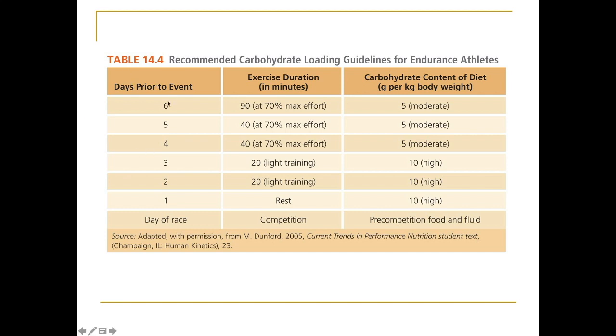If you want to physically prepare yourself for that, you exercise at a high intensity at the beginning of the week for a long time, and you moderately carb load for the first 3 days, doing about 70% max effort. And then in the second half of the week, you do a lighter training session with significantly more carbohydrate intake.